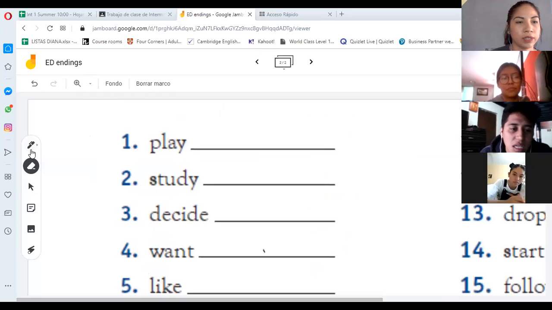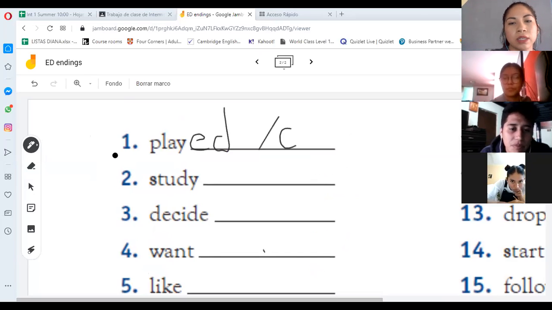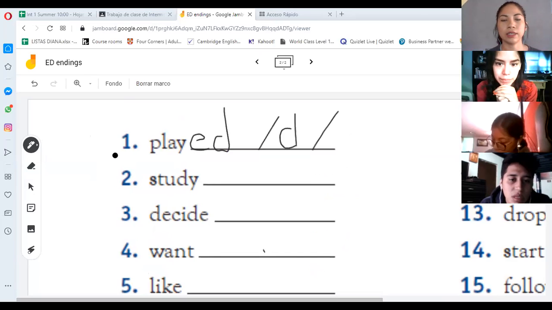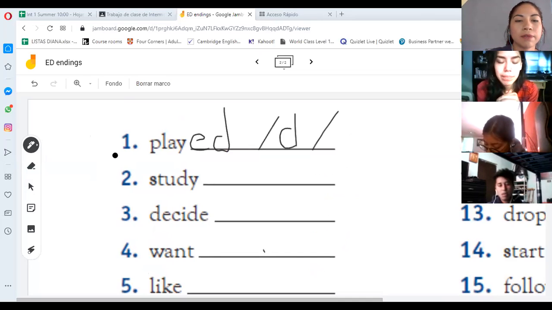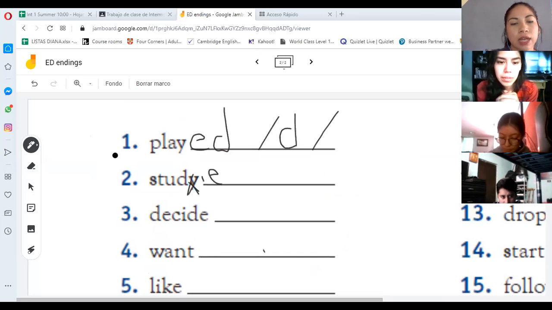Okay, this is better. So I can say that it's played. And we pronounce it with D. So you say played. When you have a study, this is not, we say this with I. Aquí esta es una I, pero no se ve.